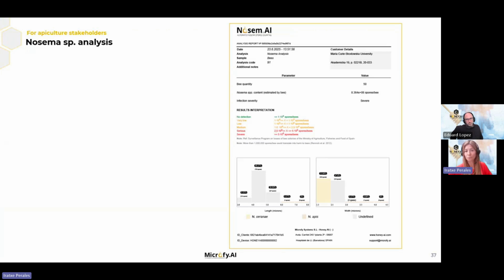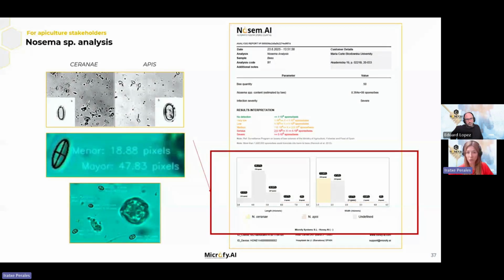It tells you the range of infestation that we found, with the number of spores per bee. And also, we can tell you, based on the length and width, if we have found Nosema apis or Nosema ceranae. When they are placed in the good plane, like this, we can tell you. But if they are placed like this, we can just say that it's undefined.